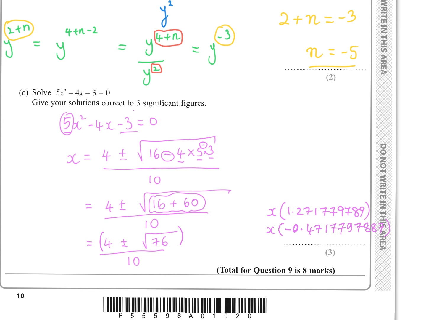So if I want my answers to 3 significant figures, I'm going to have 1.27 and negative 0.472, because this 7 here would change this 1 to a 2. And they're both to 3 significant figures.